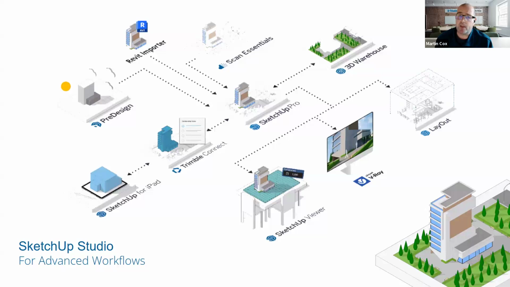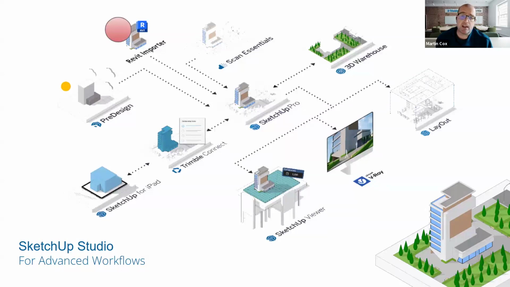But on top of that, with SketchUp Studio, we get more end-to-end tools that really allow us to quickly and efficiently create the work that we're looking for. And we're going to show you how some people use these tools, with a little more of a deep dive into them. Now, there are 3 tools that come with SketchUp Studio that are additional to SketchUp Pro.